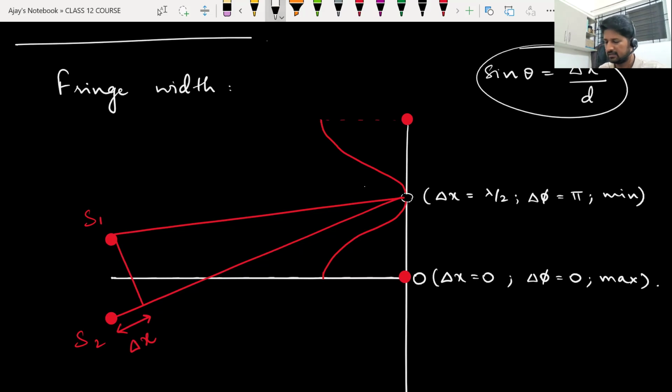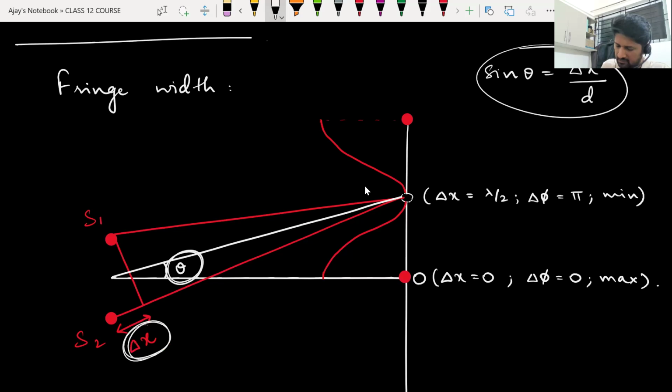And theta is the angular position of that point on the screen. Theta is this angle. For the central maximum, theta is 0 itself. For other points on the screen, theta will be non-zero. So this angle theta depends on the path difference, obviously. As you go away from the central maximum, theta increases, delta x also increases, and this is how they are related. Now, what is fringe width?